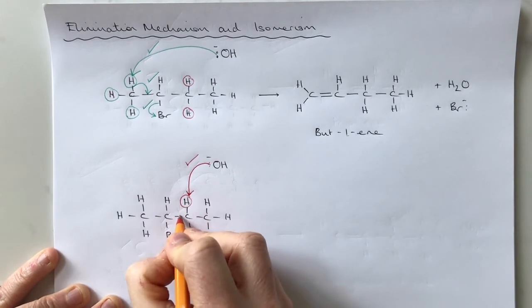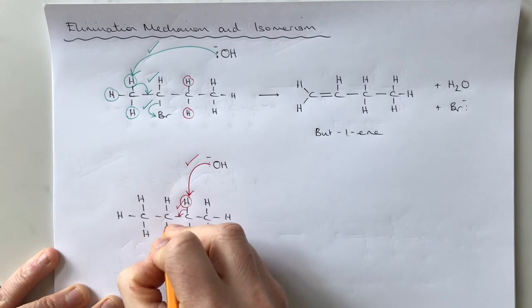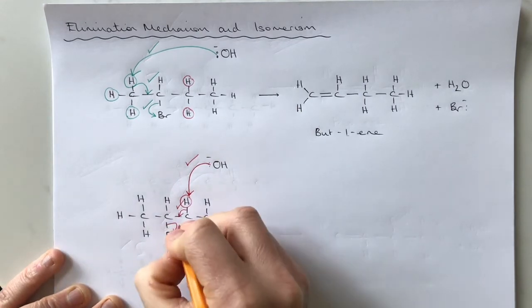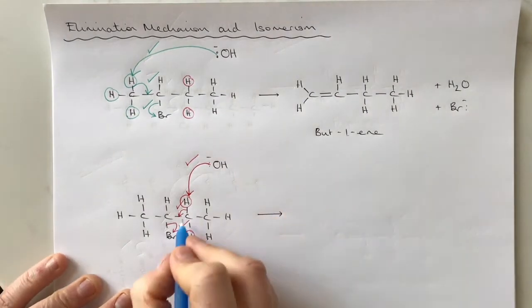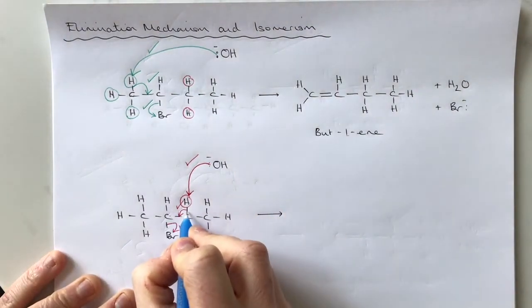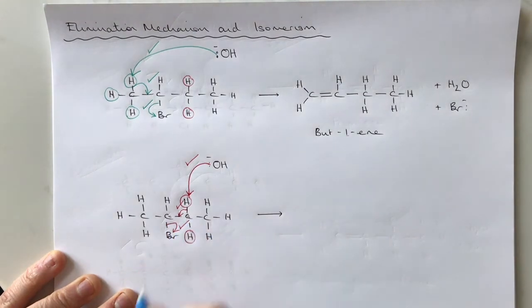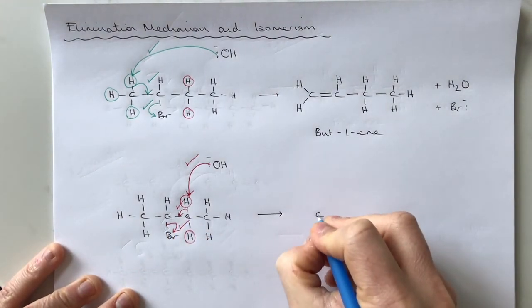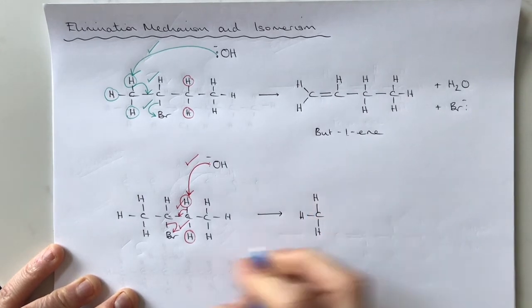Electrons from the hydrogen-carbon bond go into the carbon-carbon bond, 2 marks. Kick off the bromine, 3 marks. But this time you will notice that the double bond forms between the 2 carbons in the middle of the chain. So carbon 1 is actually unaffected, that's still got 3 hydrogens attached.